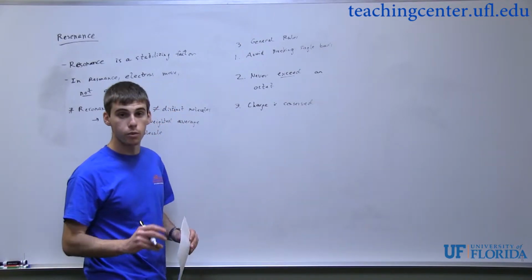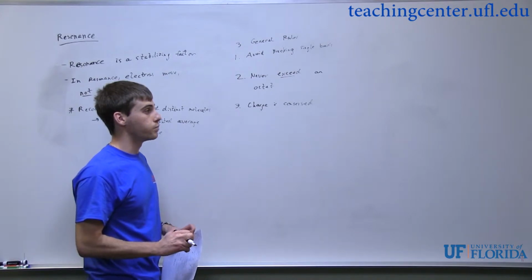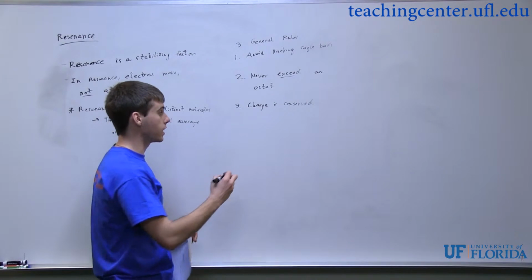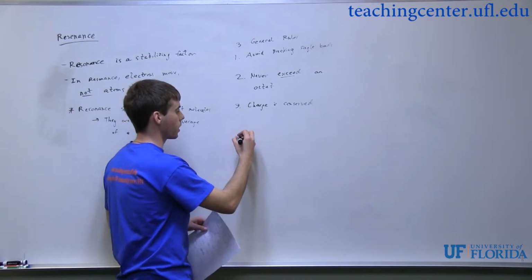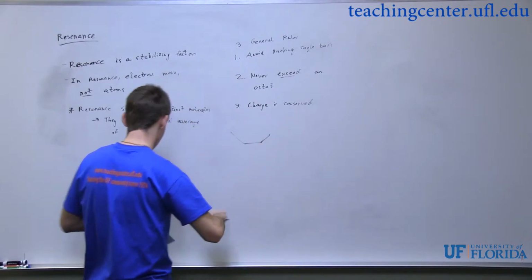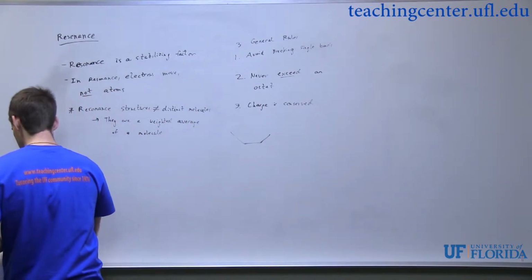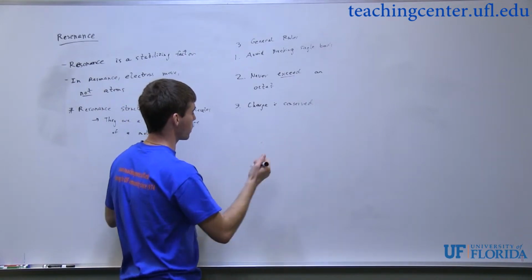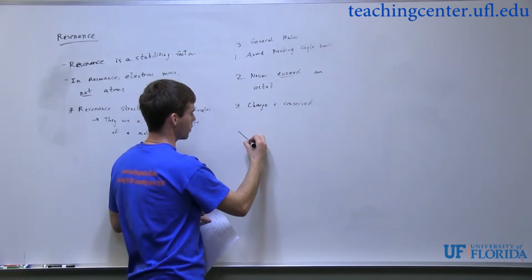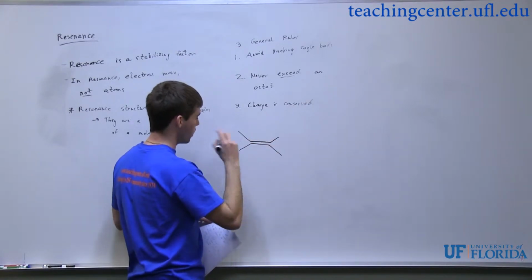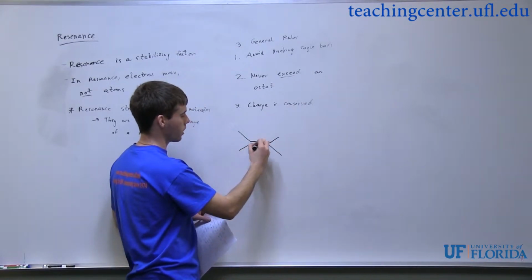And then one more thing before I start showing you patterns to draw resonance structures, I just have to define allylic positions, because I'm going to have to use that a lot. So if we have something that looks like this, let me get a new marker. So we have something that looks like this. These are carbons right here and here.